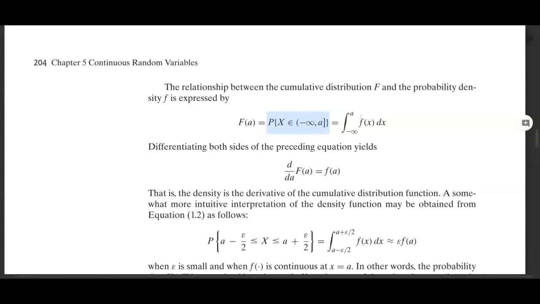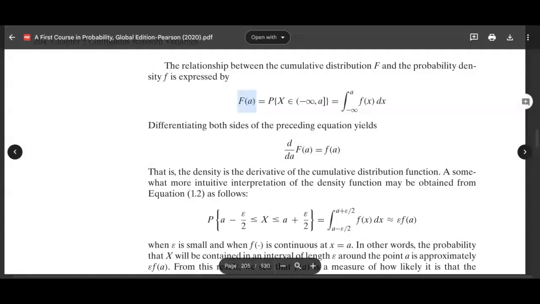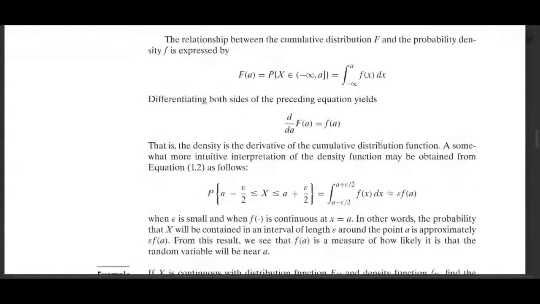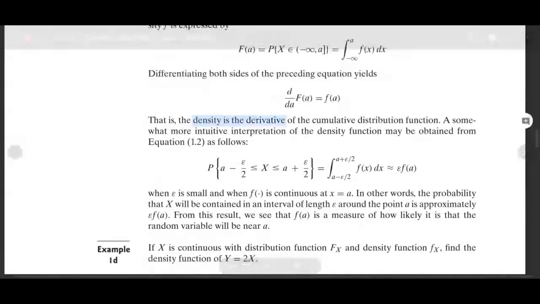That's the integral from minus infinity up to a of this. Differentiating both sides of the preceding equation, we get, if we take the derivative of both sides, F of a is just one of the antiderivatives of this. That is, the density is the derivative of the cumulative distribution function.